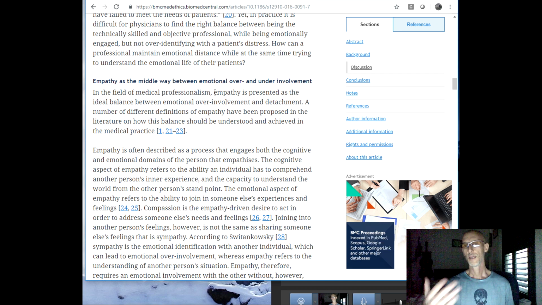We didn't go into it, but here we're looking at the case of medical professionals, like a physician that might need to keep composed when busy at work, and not get overly involved or emotionally enmeshed in the patients that he's treating, so that he can maintain objectivity and composure as he's productive and effective in what he's doing. Some of that is effective, but that's kind of the traditional view.